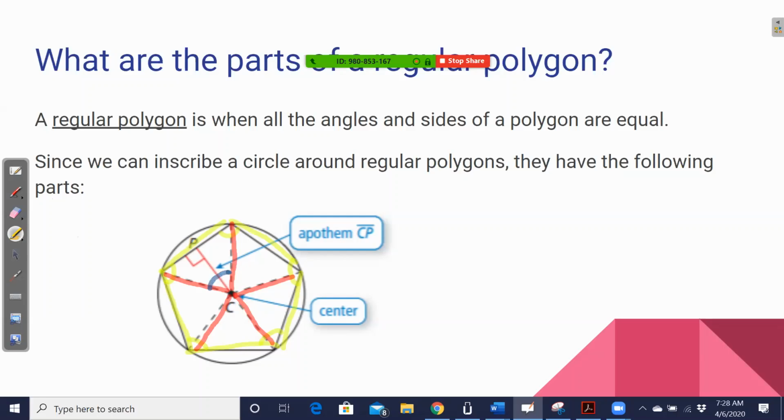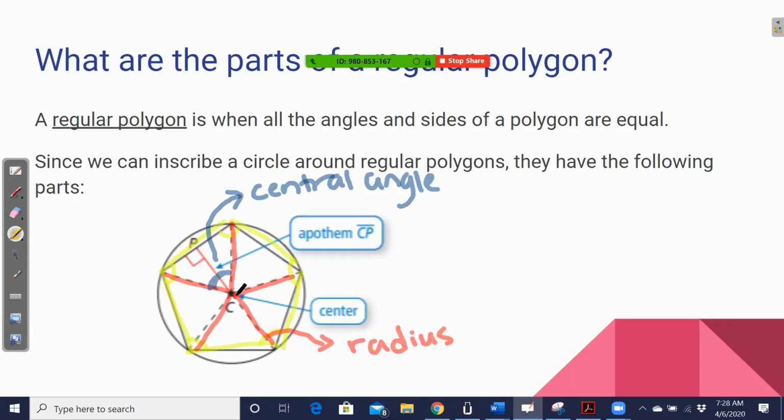So it would be right over here. That would be our central angle. Let's label that. This is our central angle. And this would be our radius.